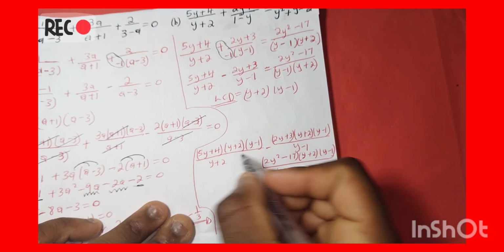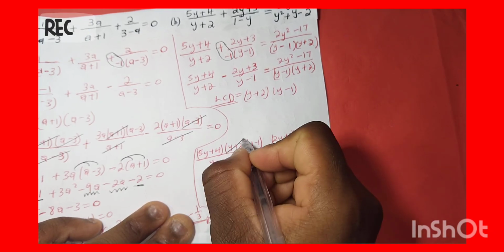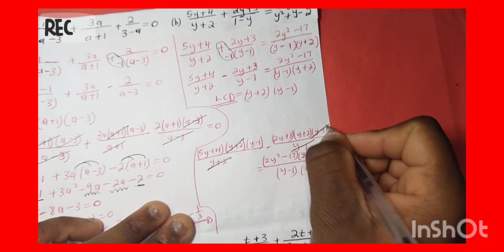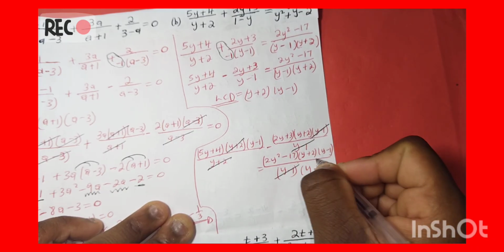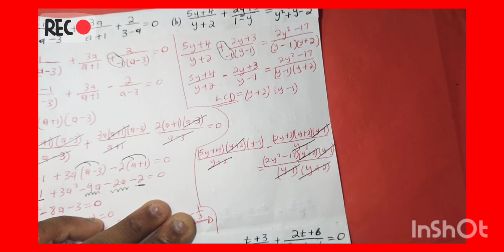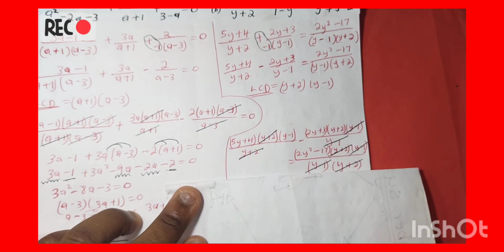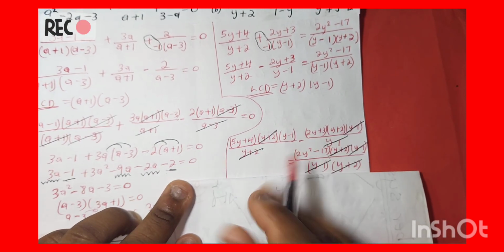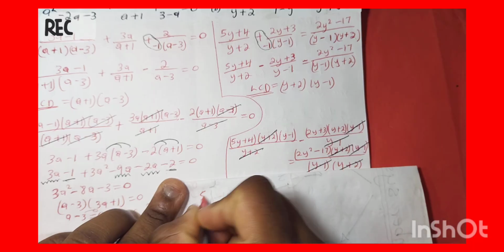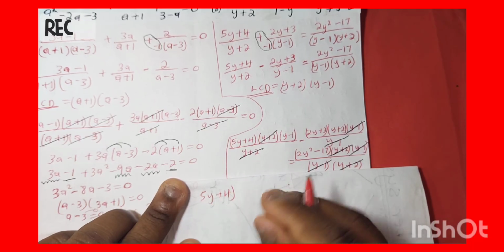Now this is what will happen. This cancels with this. This will cancel with that. This cancels here. This cancels there. So after I cancel, I will have 5y plus 4.